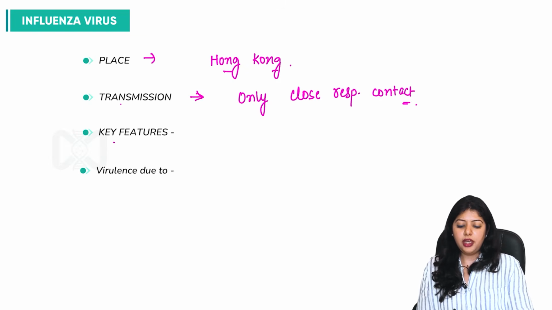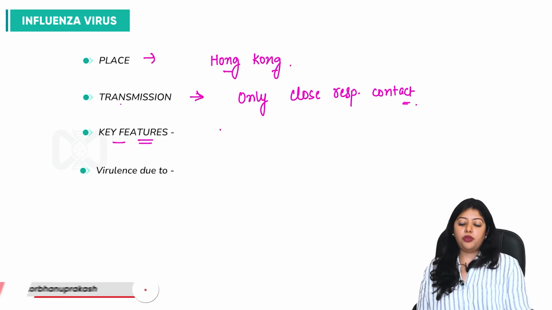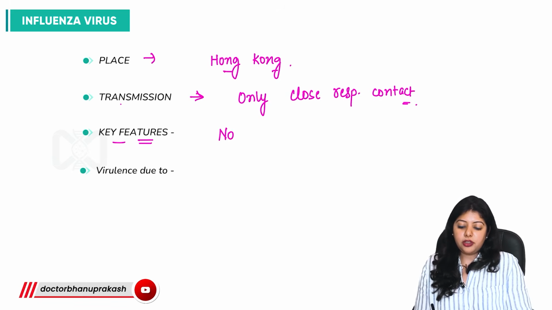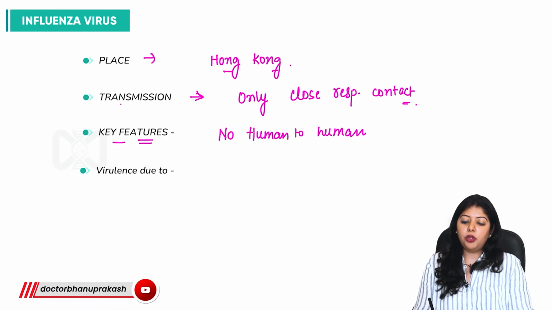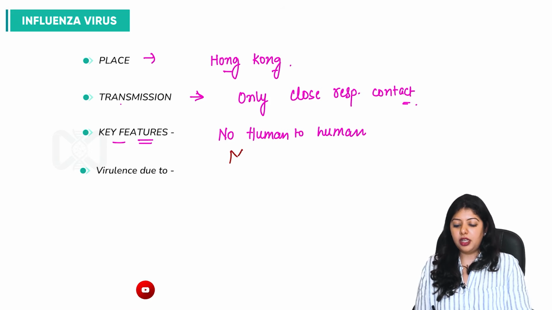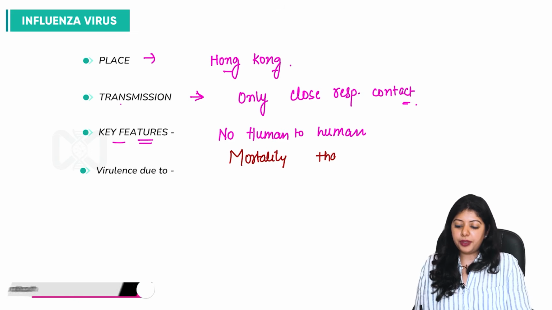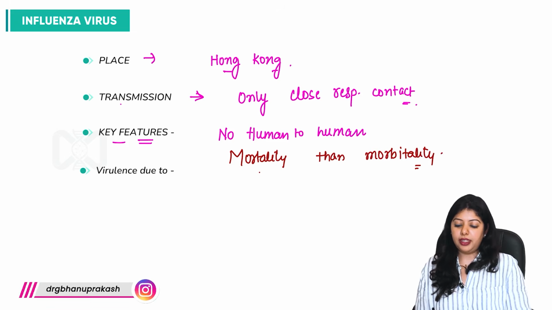An important feature was that there was no human to human transmission, and it was more associated with mortality than morbidity. And the percentage of mortality was more than 60%.